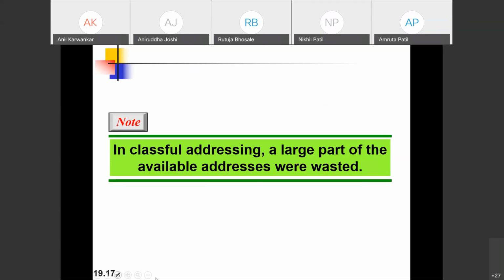So if a block of IP addresses is assigned to Google in a public domain, more than 1 lakh addresses, all those addresses will be wasted. And that is the important drawback associated with this classful addressing scheme. A large part of available addresses were wasted.